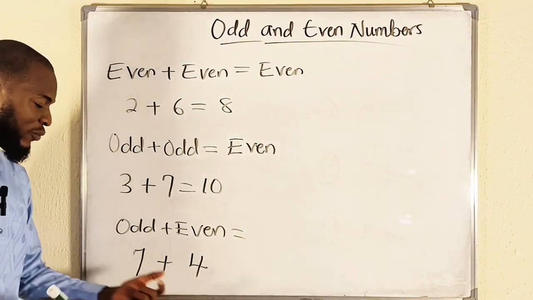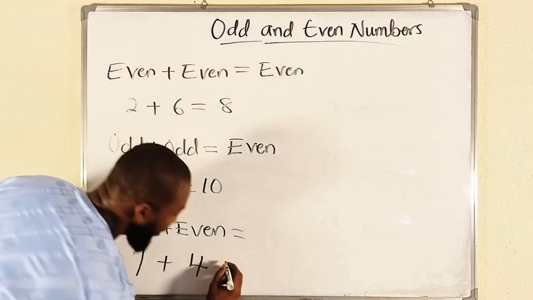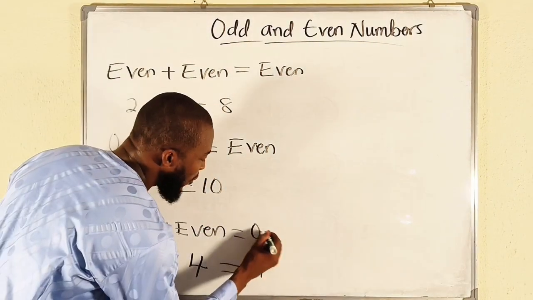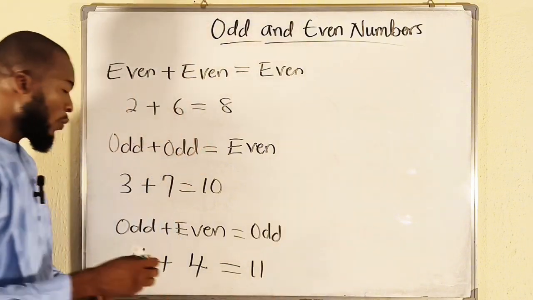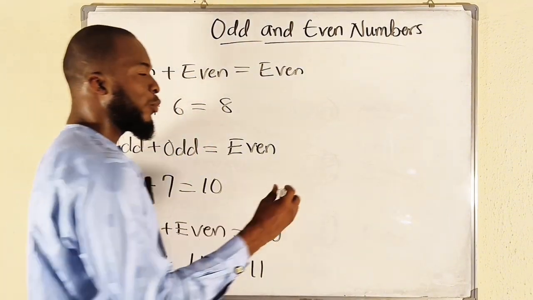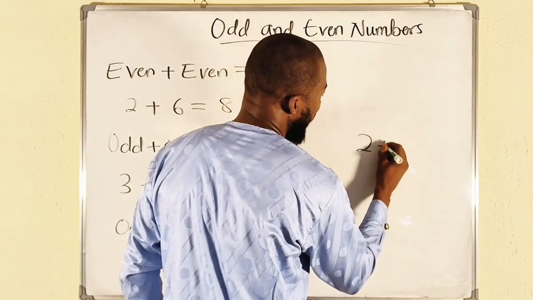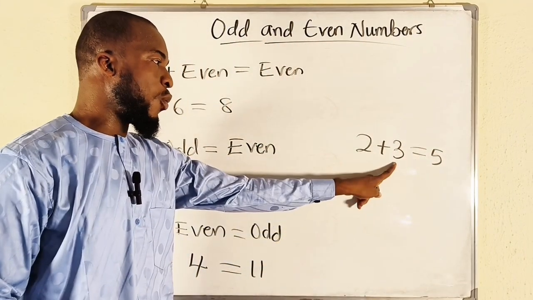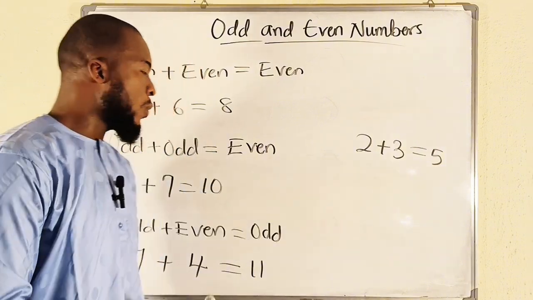So if you add these two together, you're going to get 11, right? So this is 11. And 11 is an odd number. Therefore, by adding odd and even together, you must get an odd. Another example, we have 2 plus 3, which is 5. You can see that this is even, this is odd, and the result is odd.